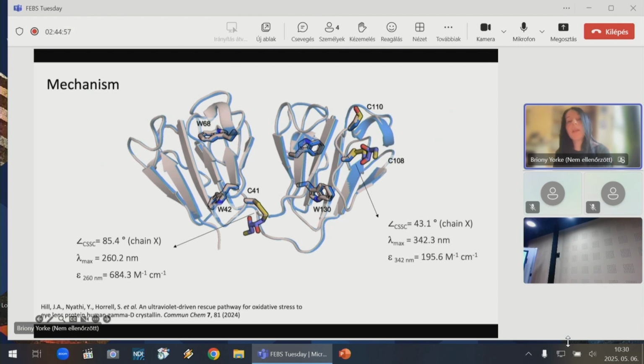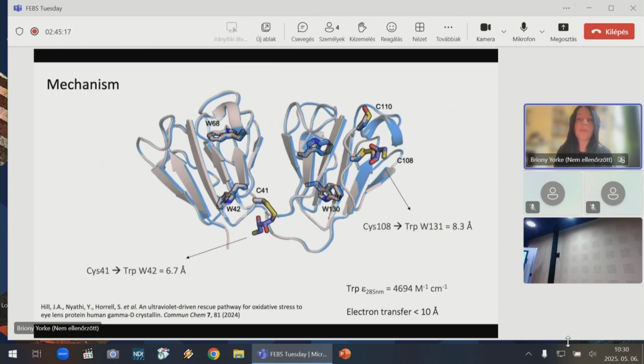What we're interested in understanding is whether there is a relationship between the neighboring tryptophans and each of these disulfide bonds, and whether there is a quenching effect, whereby we get some kind of transfer from the tryptophan to the disulfide that results in the removal of the adduct.